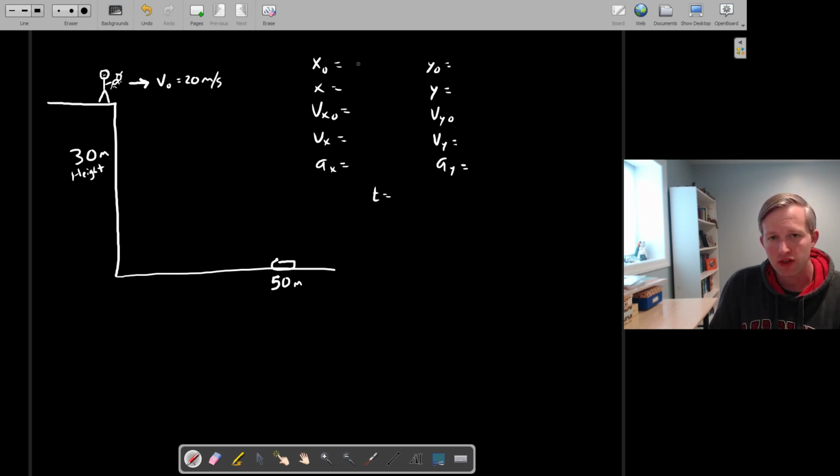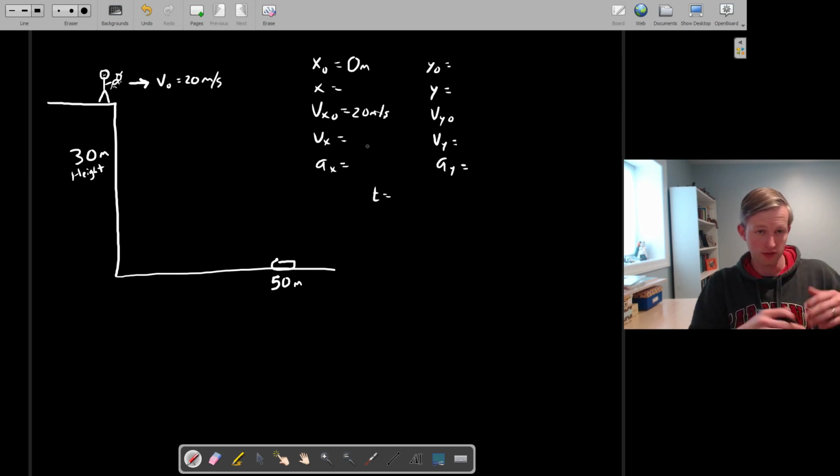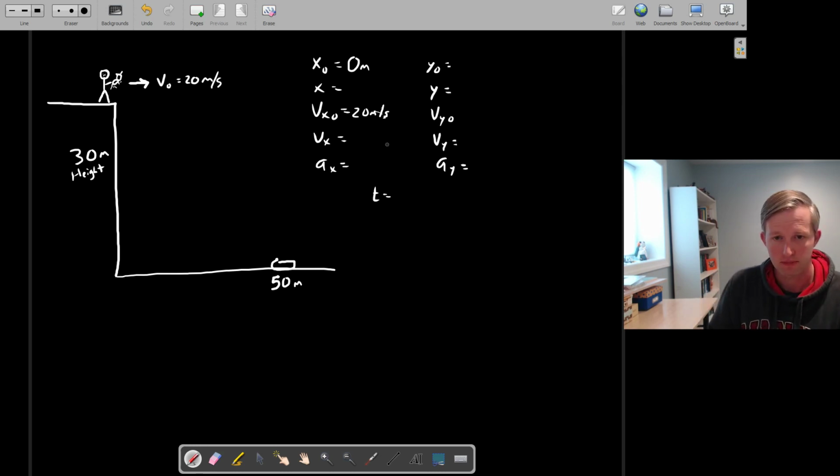So for instance, I know the x displacement initially is 0 meters. I hope the final x displacement is going to be 50 meters, but we'll find out. The initial x velocity, actually, I know is 20 meters per second because as I said, it's projected horizontally, so it's not being launched up or down. I also know that the x acceleration should be 0 because we're not dealing with air resistance or anything like that.